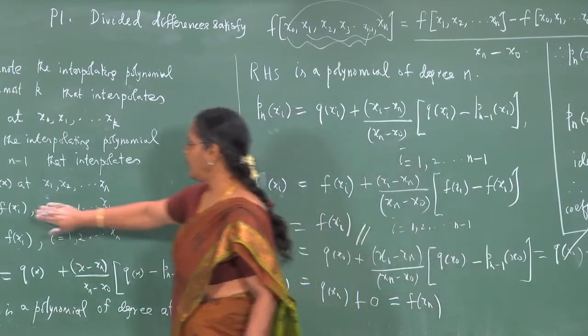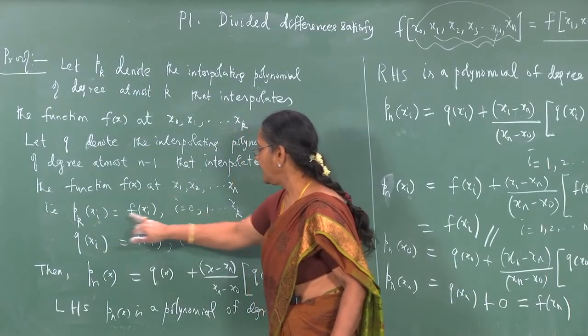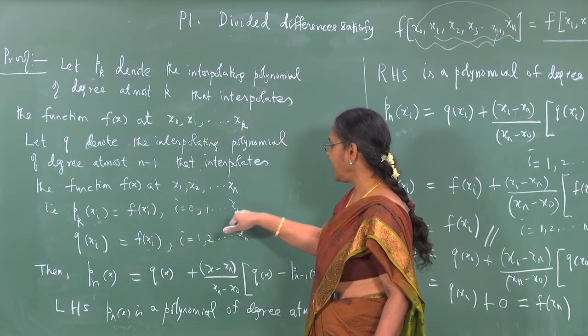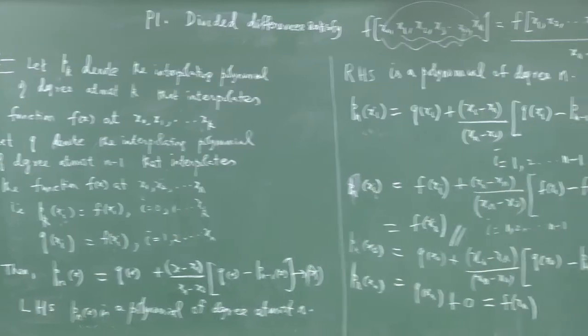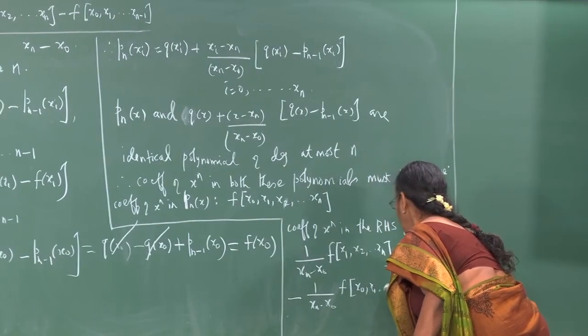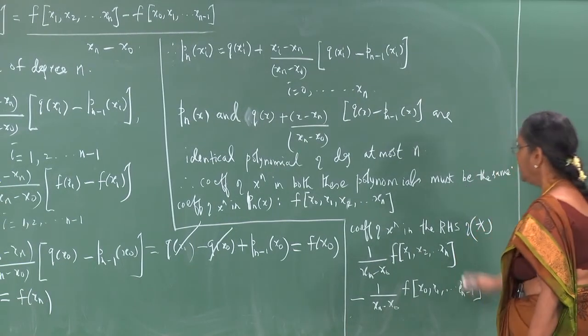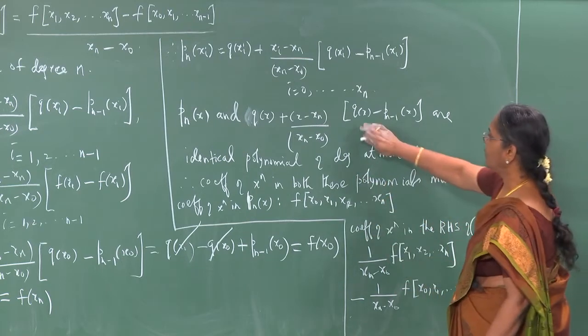But Pn minus 1 is a polynomial of degree at most n minus 1 that interpolates the function at x naught, x1 etc. x n minus 1, and therefore what is the coefficient there? It is going to be f of x naught, x1 etc. up to x n minus 1. So, these two coefficients must be the same. That is what we have concluded.